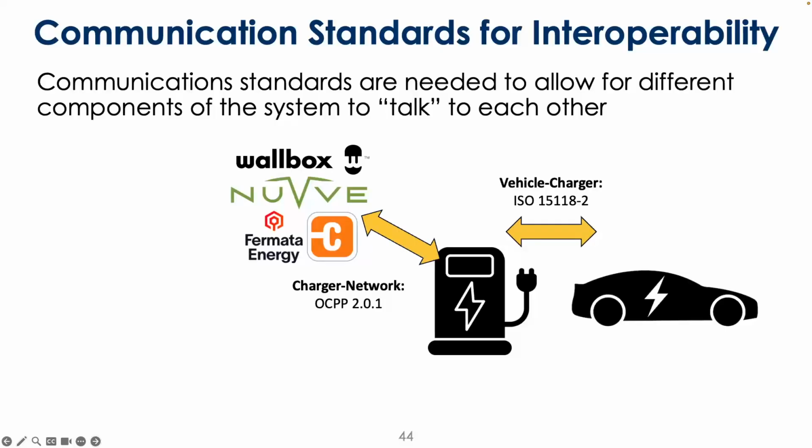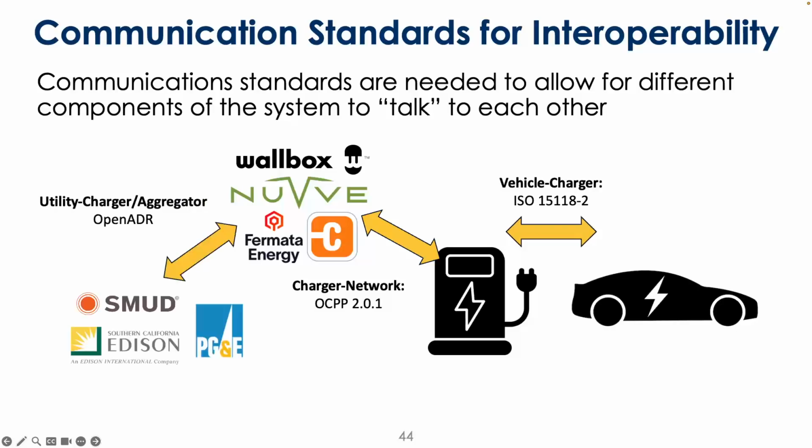Between your charger and your network, there's a different communication protocol, OCPP 201. And then lastly, you might want a communications protocol between the charger and the utility and an aggregator service. Let's say there's a company that wants to be in this space and they want a bunch of electric vehicles to participate in a smart charging or V2G program.